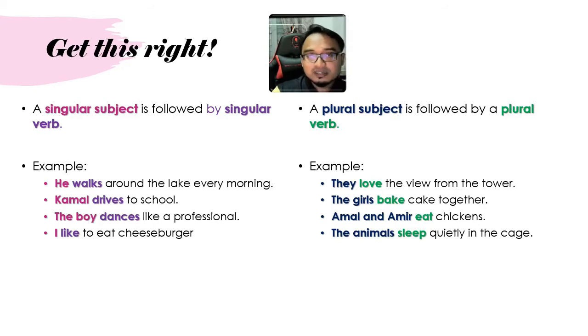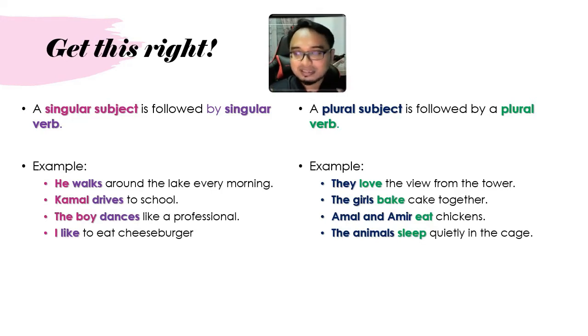So plural verb means the verb does not have an s at the end, while a singular verb has an s at the end. Okay, it's the opposite way for the subject. Because for the subject, the singular subject does not have an s at the end, while the plural subject has an s at the end of the word. Okay, that's why we must get this right.